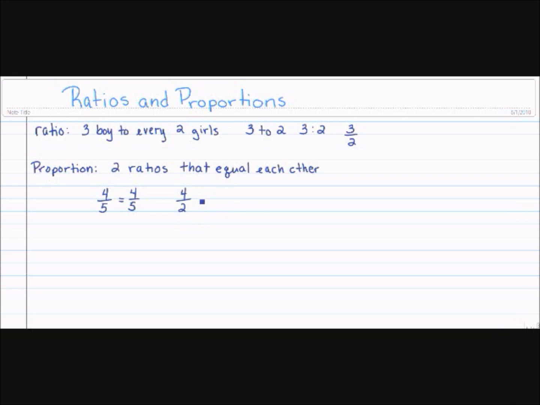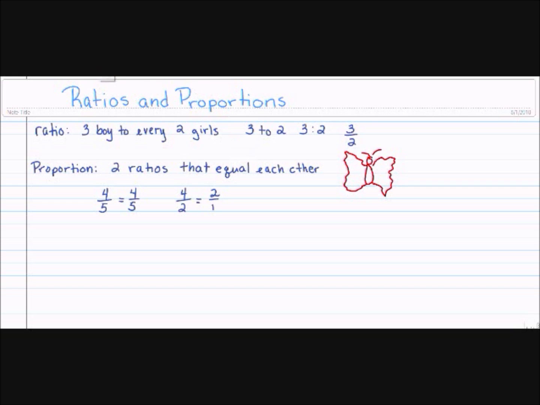But what if I said, does 4/2 equal 2/1? The way you find out is let's see if I can draw one. Butterfly effect.